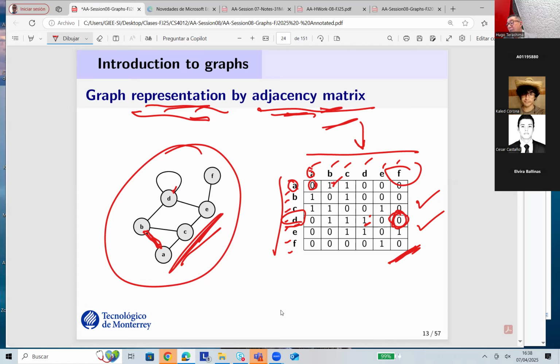And the disadvantage of this representation, what is it? If you talk in terms of space, what are you using here? Memory, too much memory.